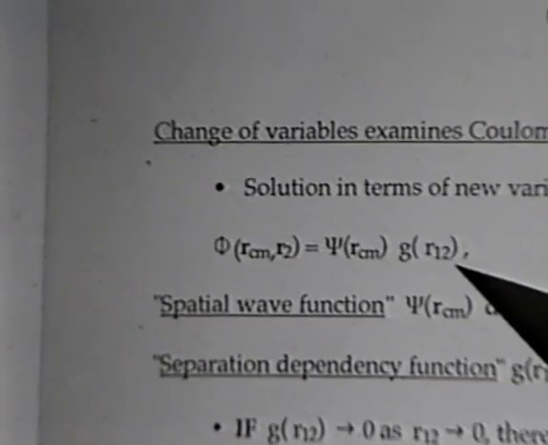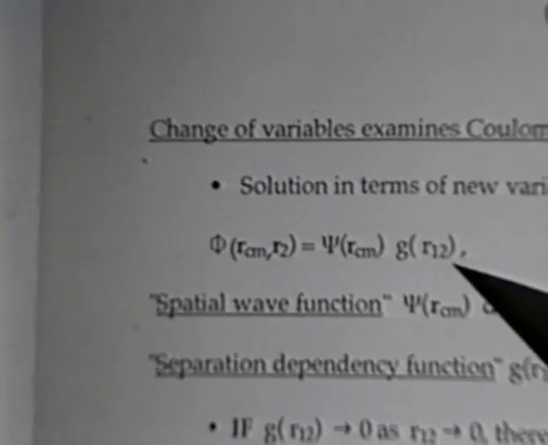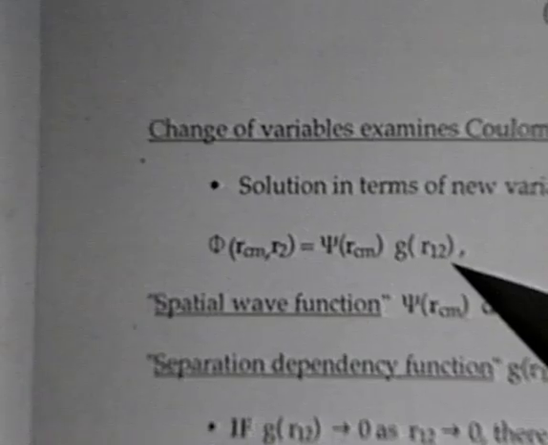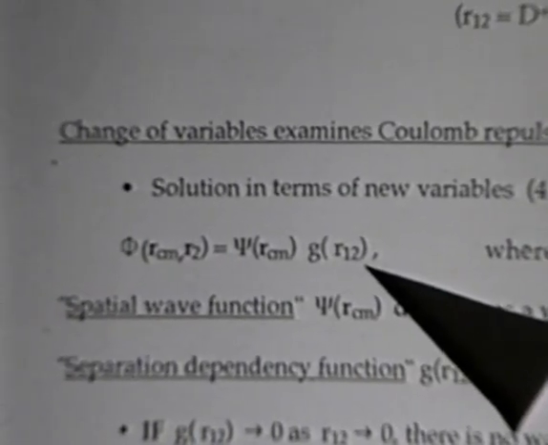If we want to really examine the Coulomb barrier problem, we need to convert to R_CM, R12 coordinate systems, and then write our wave function as the product of a function of R_CM, which defines an amplitude at every point in the crystal, times a function which is only a function of the separation of the two particles, which I call a dimming function, g of R12.